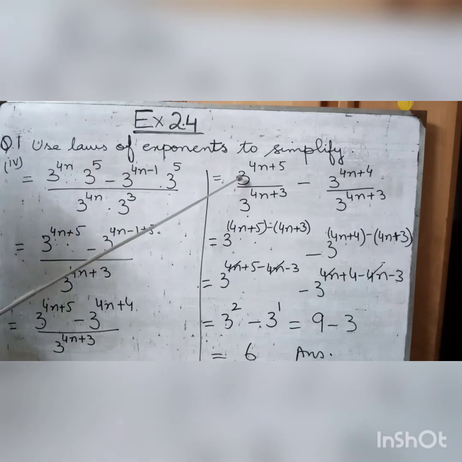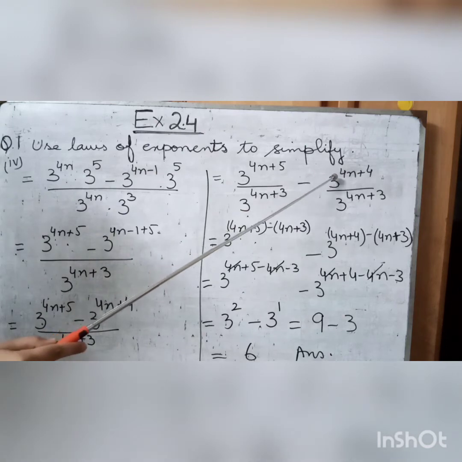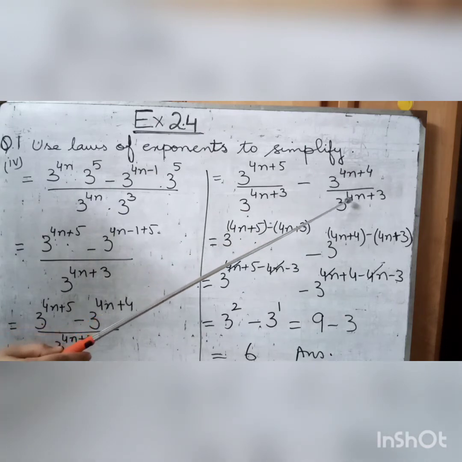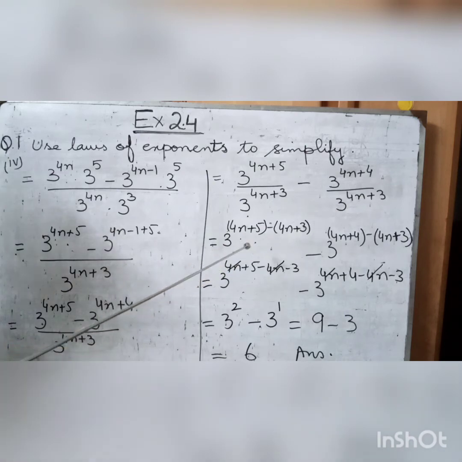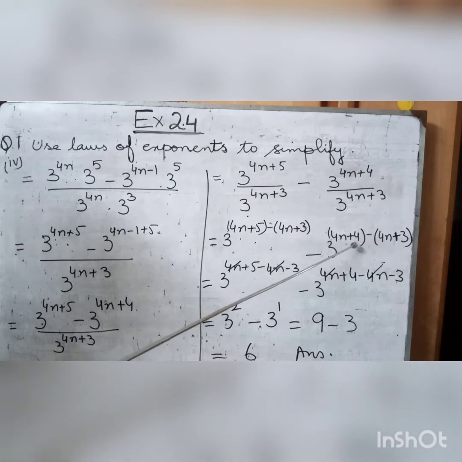Then 3 raised to power 4n plus 5 over 3 raised to power 4n plus 3 minus 3 raised to power 4n plus 4 over 3 raised to power 4n plus 3. Using the laws of indices, we have 3 raised to power 4n plus 5 minus 4n plus 3 minus 3 raised to power 4n plus 4 minus 4n plus 3.